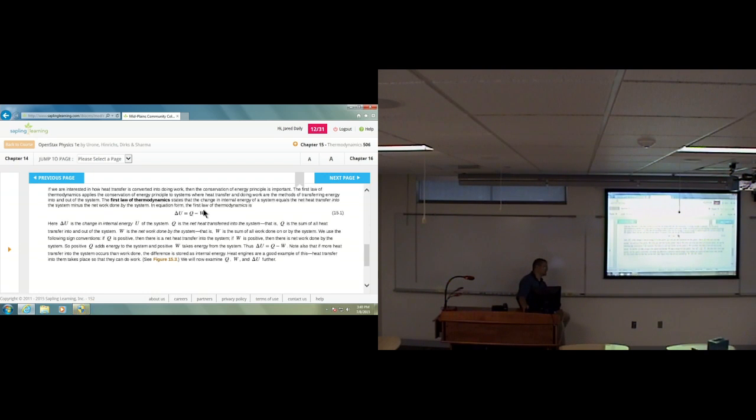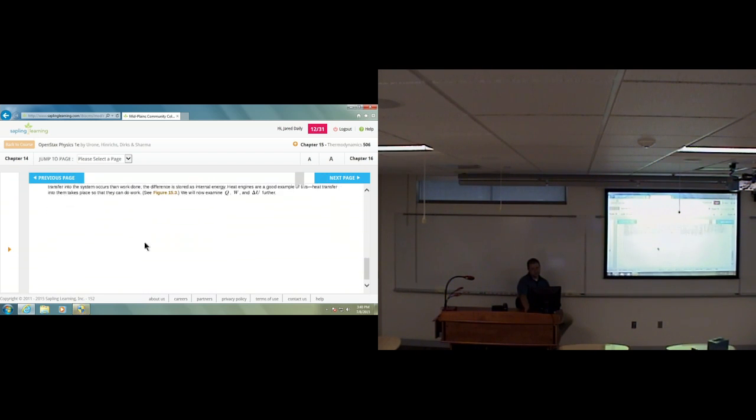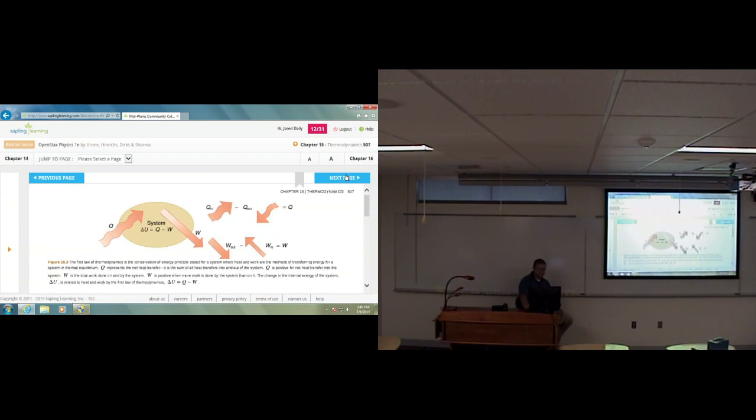But if something else comes along and does work on the system, then that work becomes negative. And so that's why the signs and the wording of this are so important. There are actually different versions of this law where they define the W and the Q differently, and then the signs become different. Most of them have it written this way, but those words and those signs do matter quite a bit.